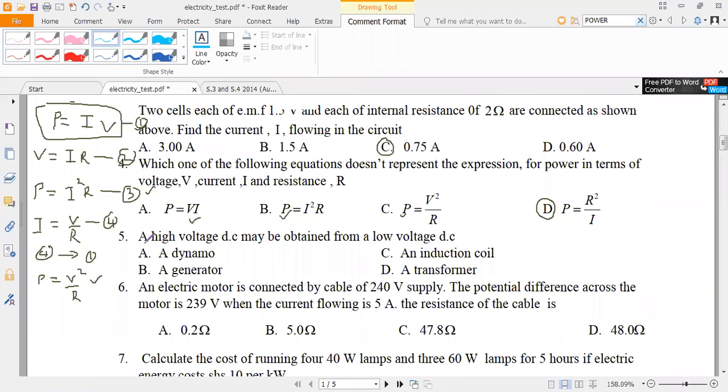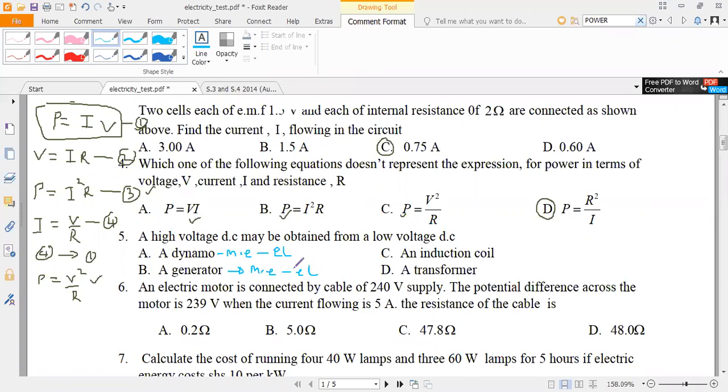Number 5: a high voltage DC may be obtained from a low voltage DC by use of which of the following here. A dynamo, of course we know a dynamo converts mechanical energy into electrical energy. So this does not convert high voltage from a low voltage. Then a generator, generators also convert mechanical energy to electrical energy.